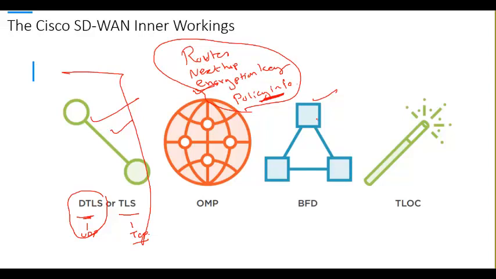So every edge router will be sending these BFD hello packets. This is the one which is going to help in measuring the quality and the liveliness of the path.